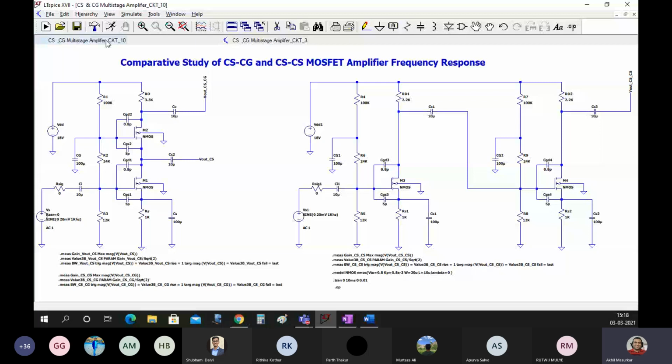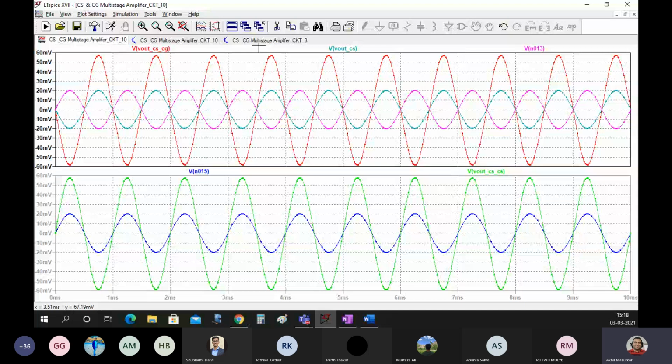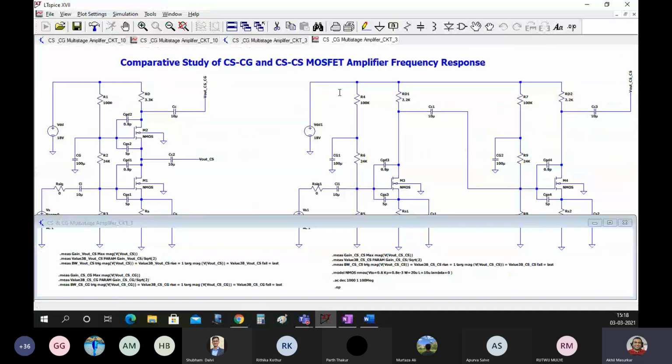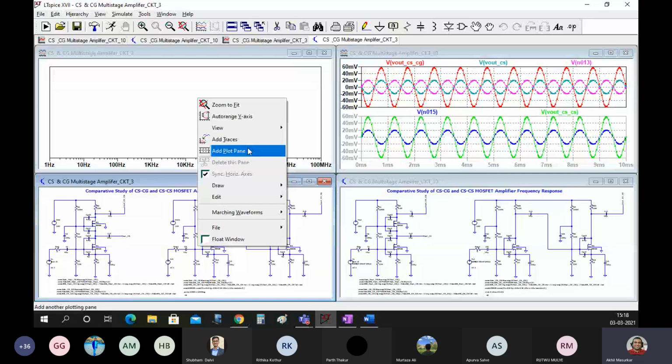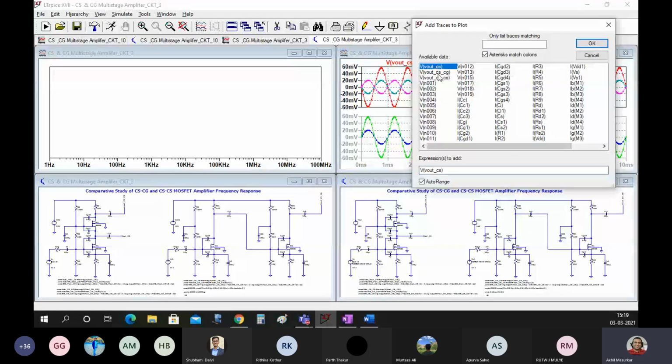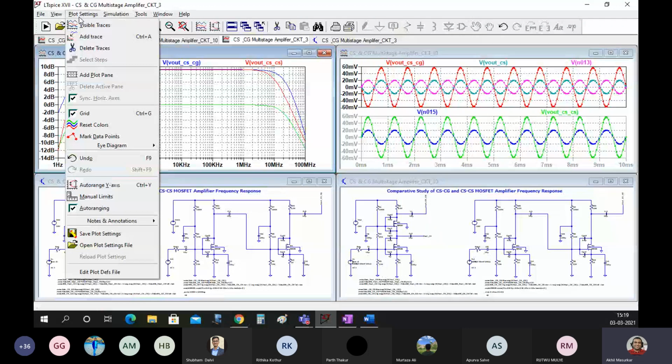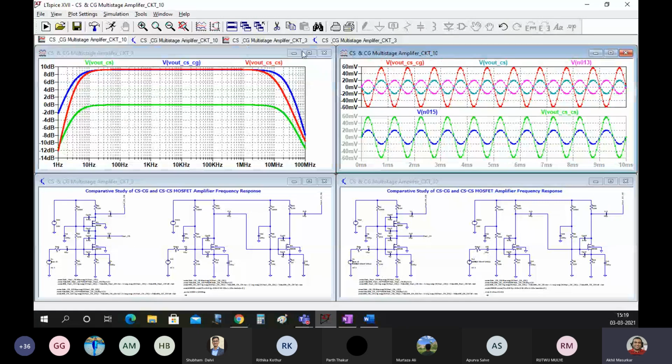Yeah, so this is the transient analysis, and now I'm running the first analysis, wherein I'm just adding the phases. So this is going to be my... this looks cool.